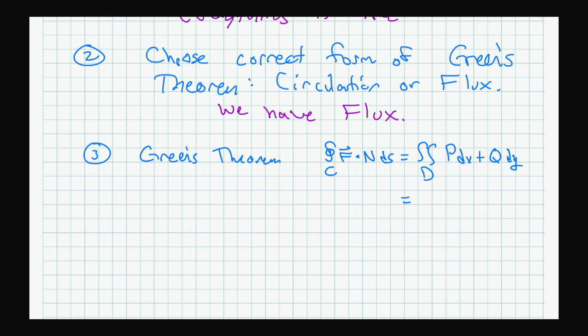No, Px. Sorry, brain did bad. Px plus Qy dA. Okay, there we go. I don't know what just happened. Okay, so where are we? All right, so we're good.